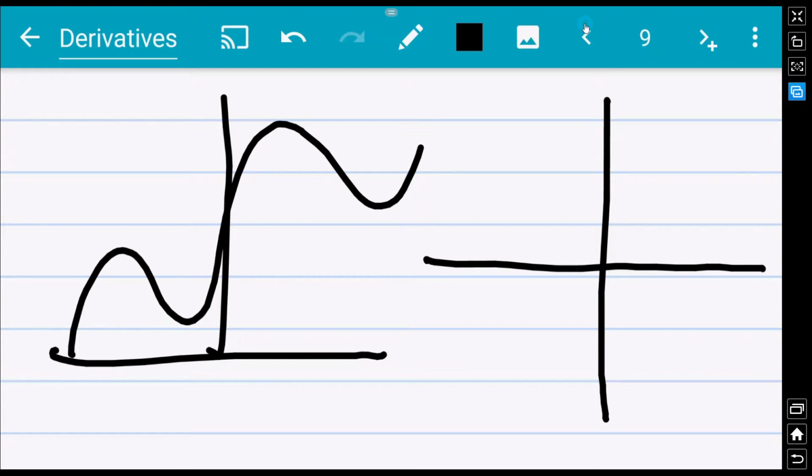So the rate of change here is just the tangent. A tangent is a line you put that is perpendicular to the curve. So this line is tangent, this line is tangent, this line is tangent.